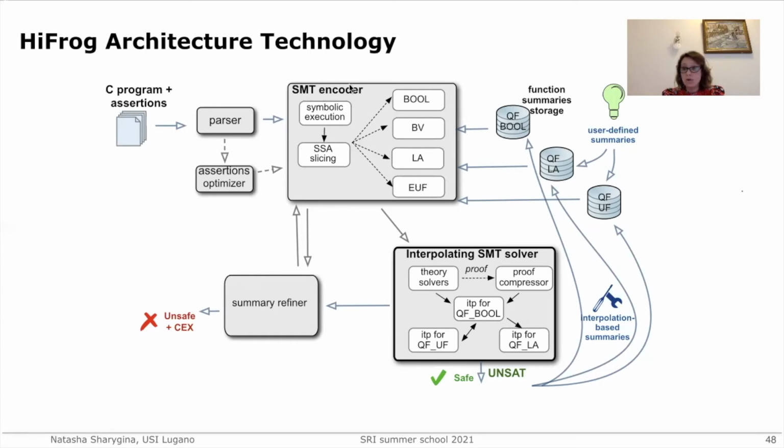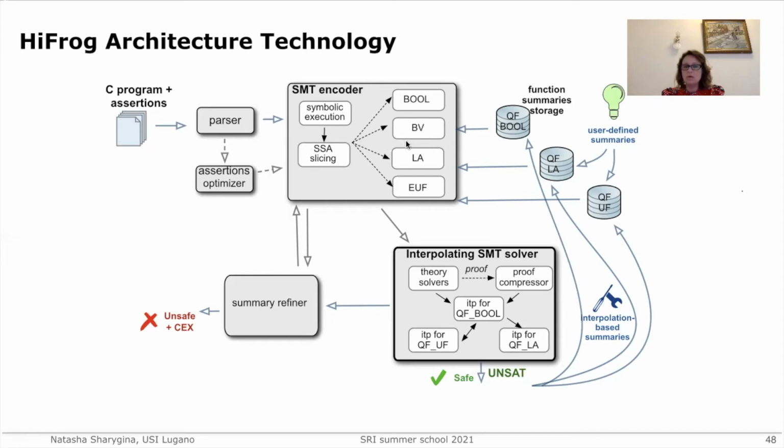Our SMT encoder, as I already told you, allows us to encode it into Boolean representation or into SMT representation, such as linear arithmetic, uninterpreted functions, or bit vectors. Given this, we might have options how exactly we want to encode, so the tool operates such that you can always specify which logic you want to use for creation of the symbolic encoding of your system.